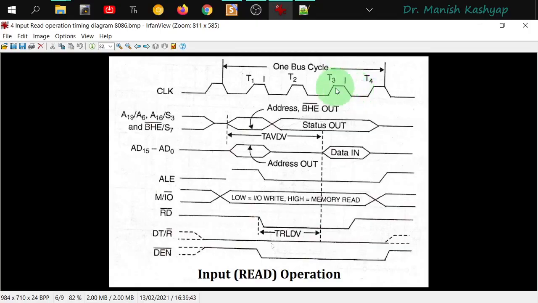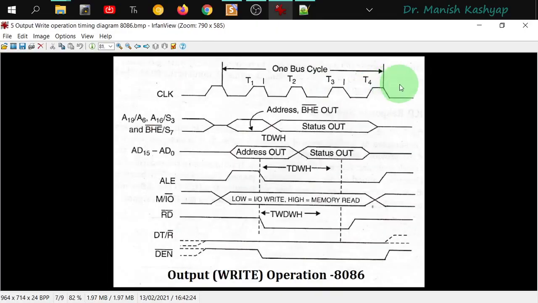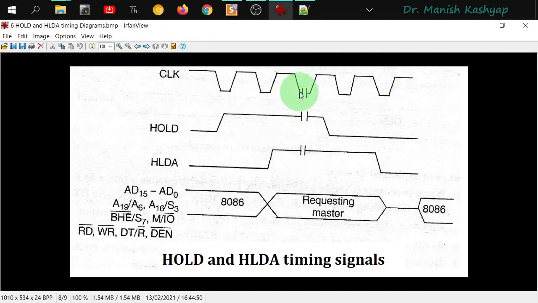So in that case, you might introduce some additional T states which are called TW states. This is T1, T2, T3. Then you can have as many TW states as required. Then you will have a T4 state. So here you can see in this whole diagram that I have shown you, this is the way of implementing a TW state. So some TW states can be implemented anywhere if required.